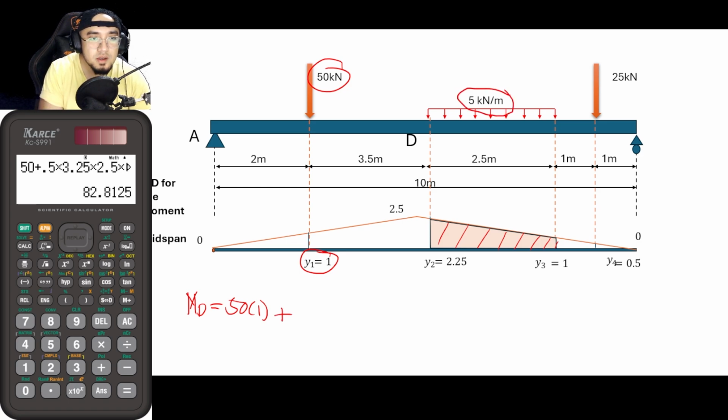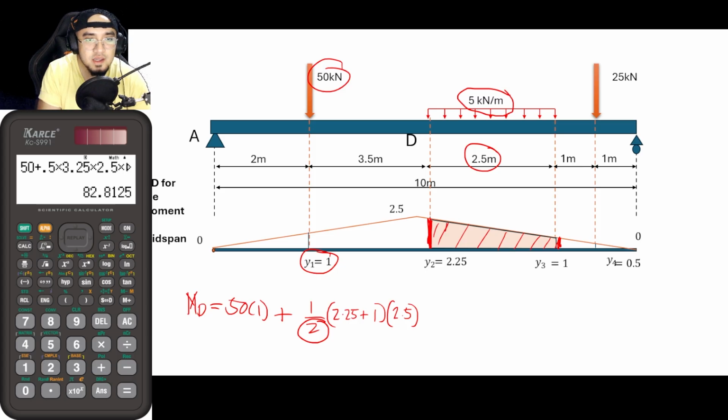So plus what is the area of this trapezoid, that is 1 half, times. So if this is 2.25 and this is 1, as you know, for the area of a trapezoid, just get the averages of the two sides, then multiply it by the length. So from that, that is 2.25 plus 1 divided by 2 times 2.5.